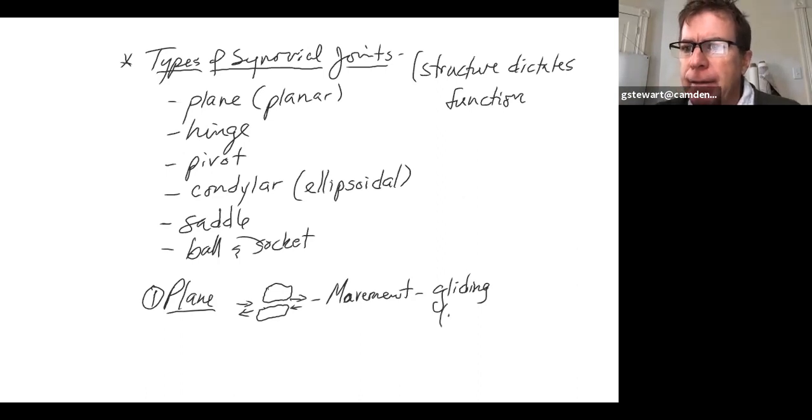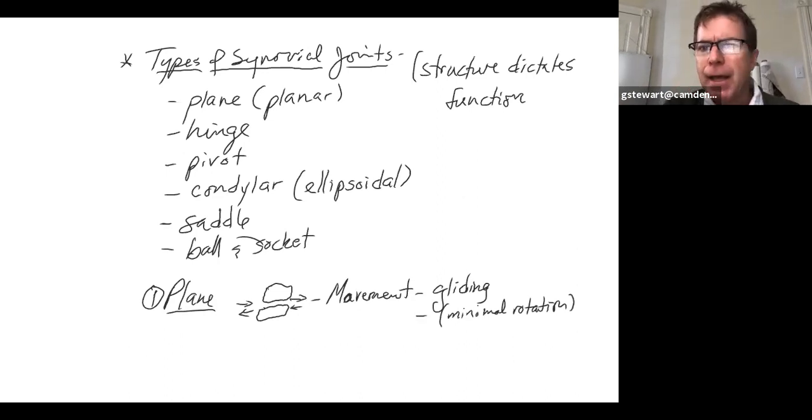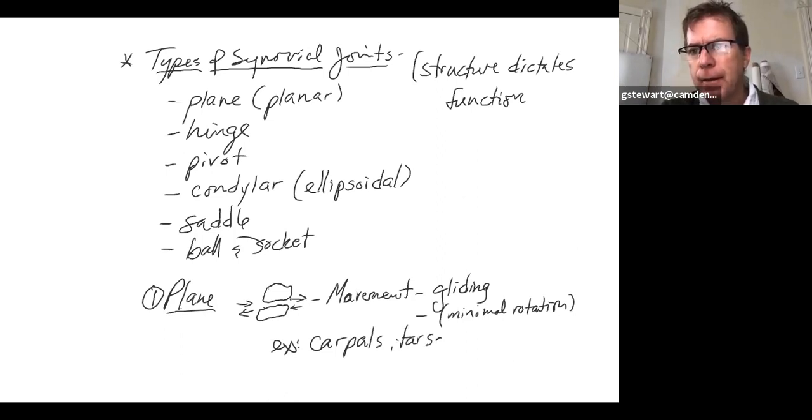So I'm going to add that, but it's very minimal. And classic examples of these types of plane joints or planar joints would be carpals in the wrist, some of the tarsals in the ankle, and that means carpal to carpal bone.